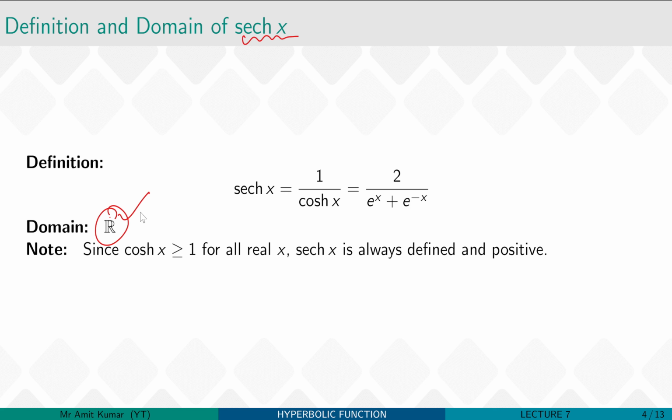Now, what is the domain of sech x? Basically, the domain is given by e to the power x plus e to the power minus x in the denominator, which is never zero for all values of x.